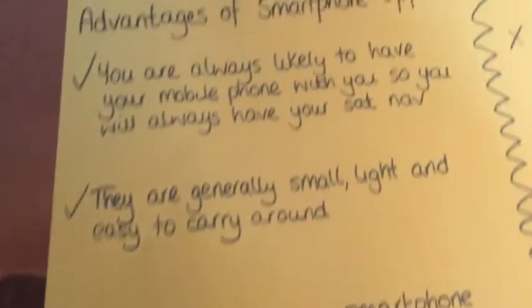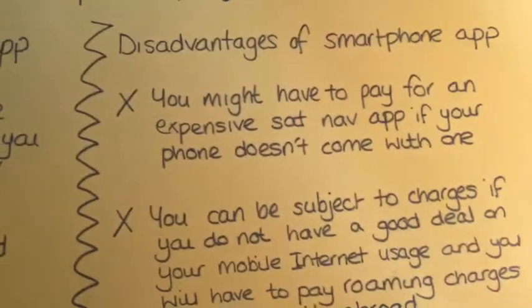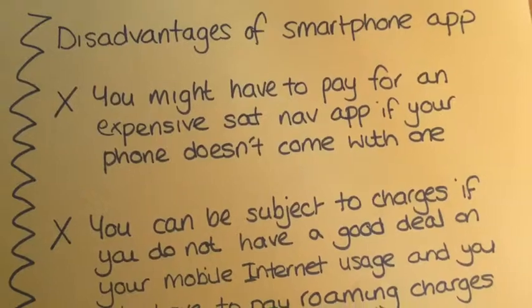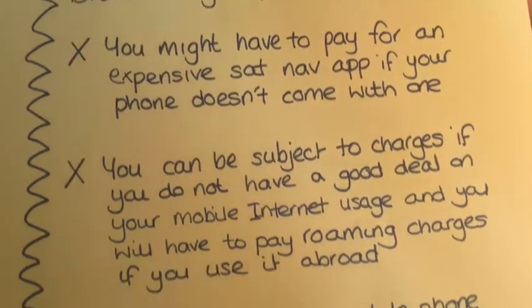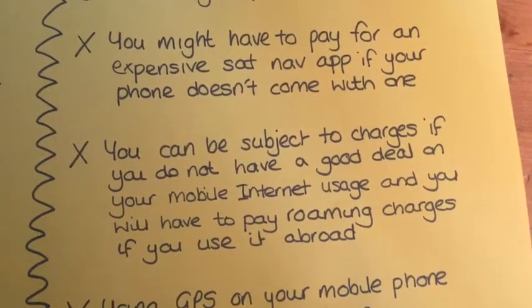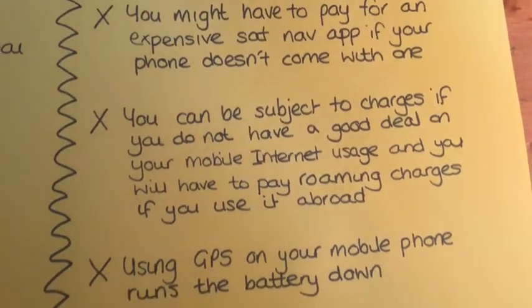However, there are some disadvantages of using a smartphone app rather than buying a dedicated sat-nav. The first one of these, you might have to pay for an expensive sat-nav app if your phone doesn't come with one. You can be subject to charges if you don't have a good deal on your mobile internet usage, and you will have to pay roaming charges if you use it abroad.